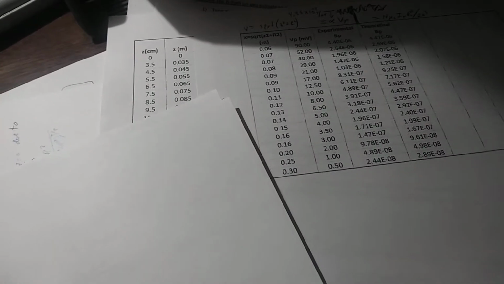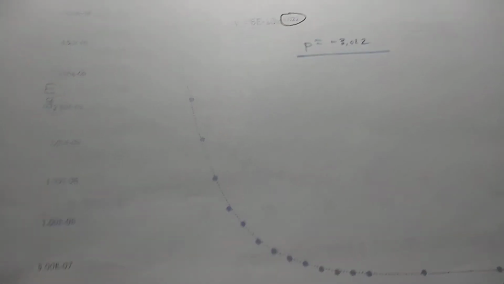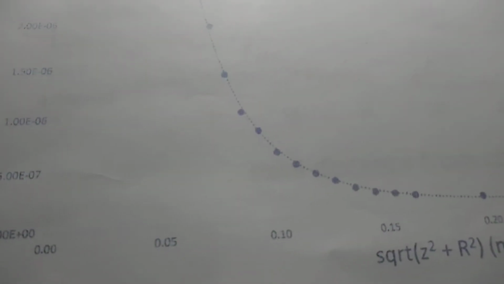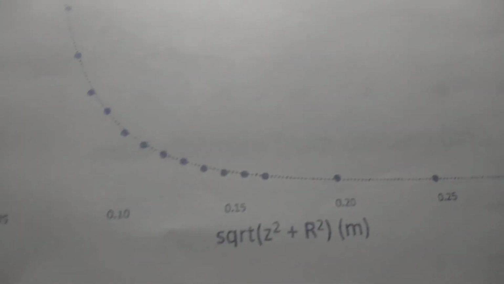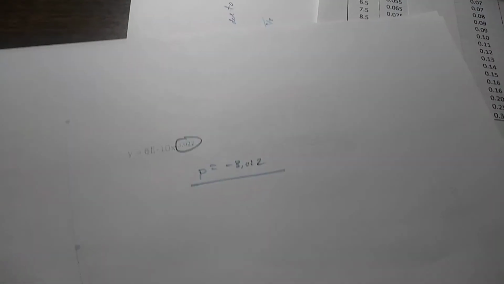Then what you'll do is make another graph, or you can do this on the other one, of your experimental data. The data points are your experimental data, and what you're going to do is fit a power function to it.